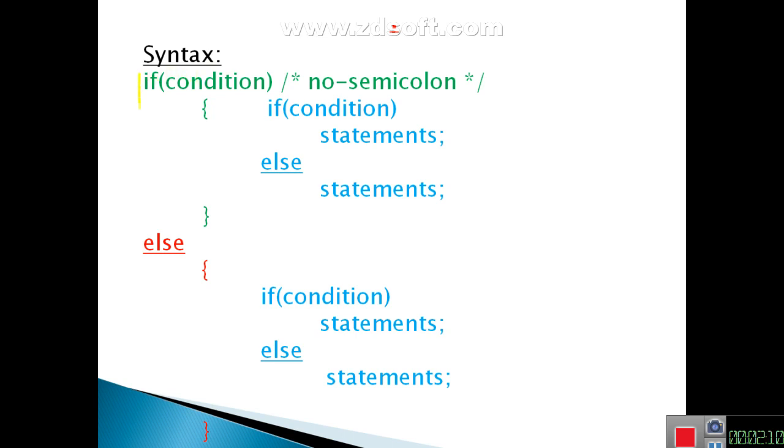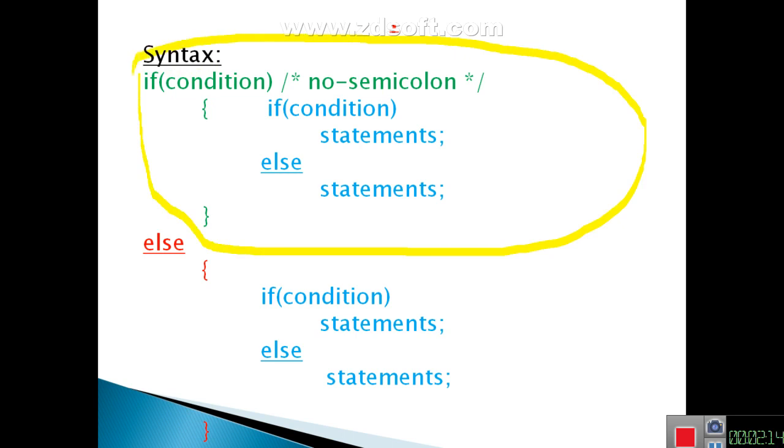Initially I used the green color to note down the if condition and body. If this particular condition is true, then the body of the if condition is going to be executed. Inside the body, one more if else statement is there. That's why we are saying it is nested.